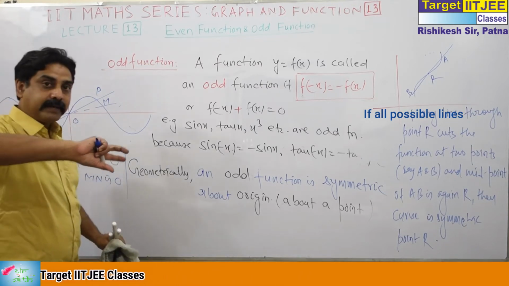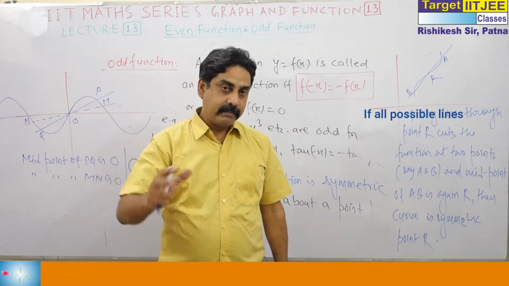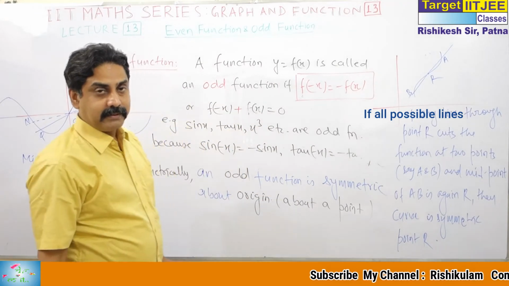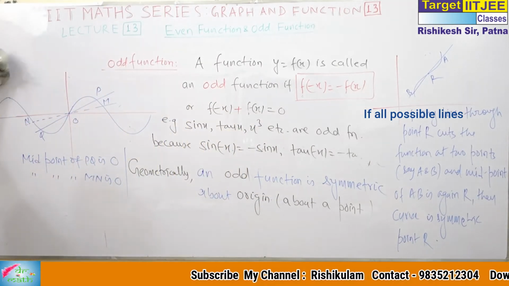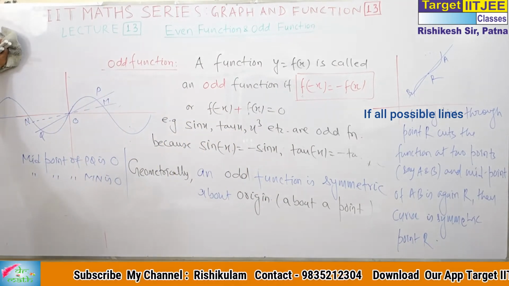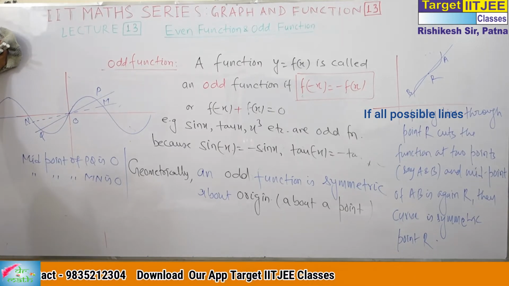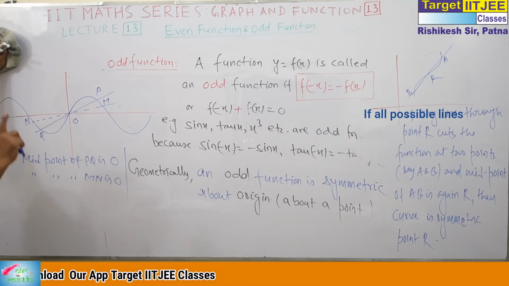If you rotate any curve by 2 pi, you will get the same curve. But if you rotate by pi and get the same curve, then it is called an odd function. But I am not interested in rotation, I am interested in this meaning.